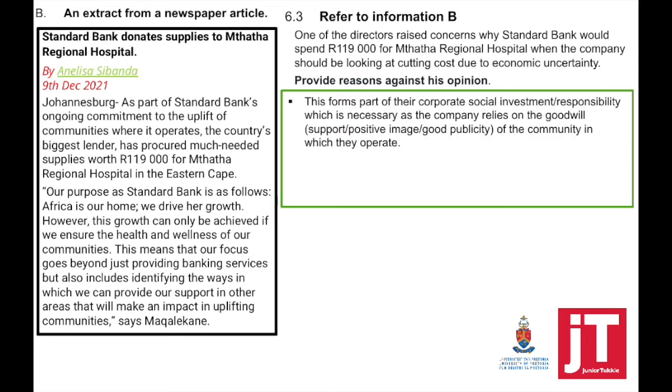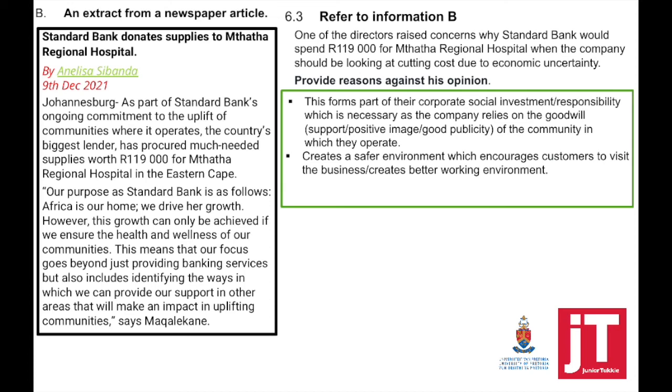Now, this forms part of their corporate social investment responsibility, which is necessary as the company relies on the goodwill, support, positive image and good publicity of the community in which they operate. This is part of King Code, corporate governance.